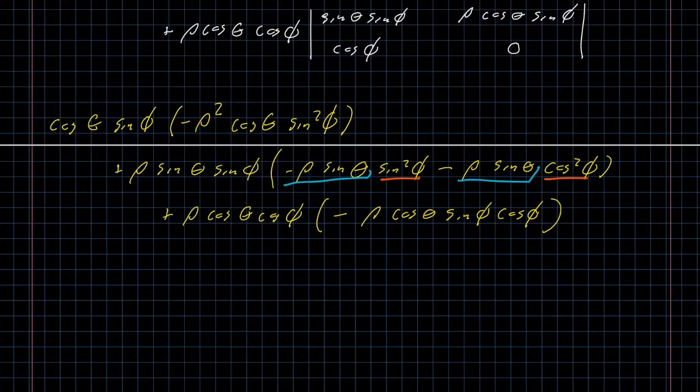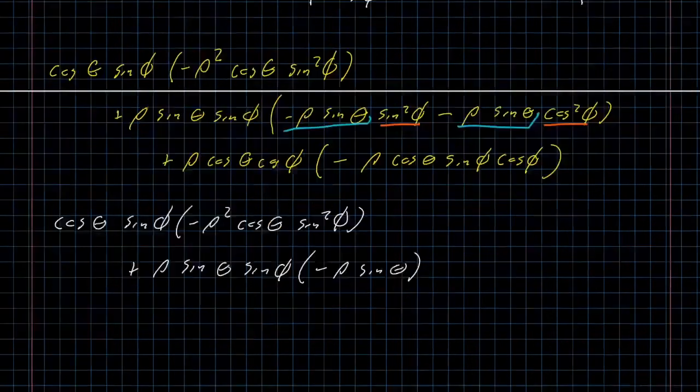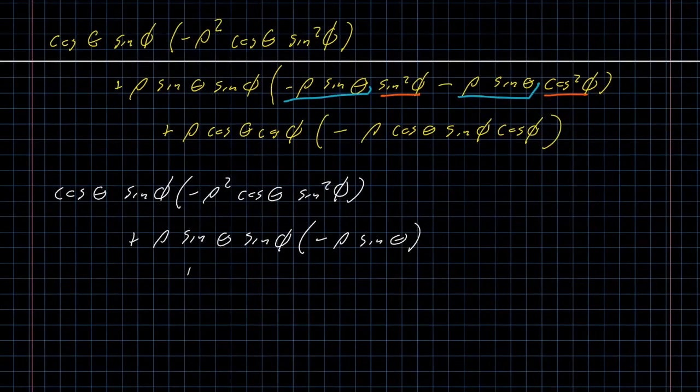And I'll leave the first bit the same. That second bit is now rho sine theta sine phi just being multiplied by minus rho sine theta. And the third bit is just going to stay the same for the moment.